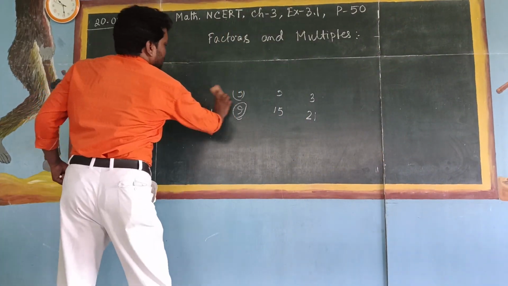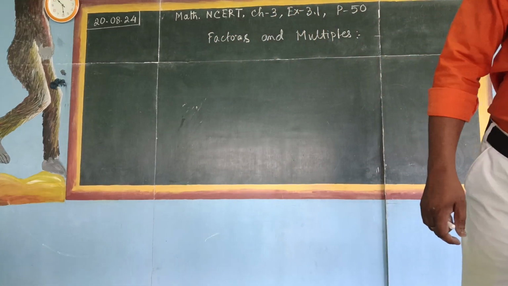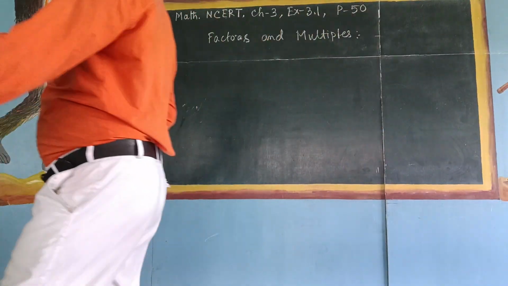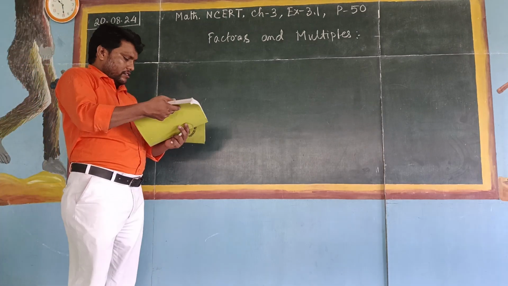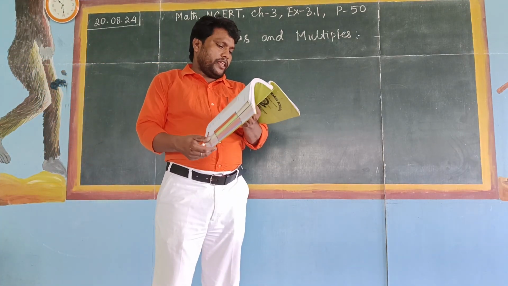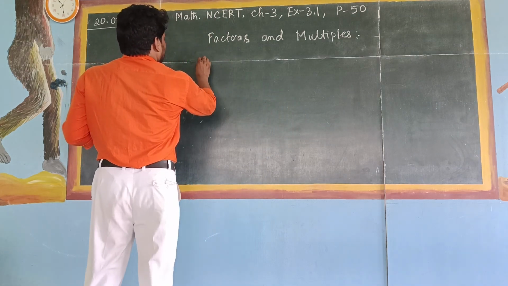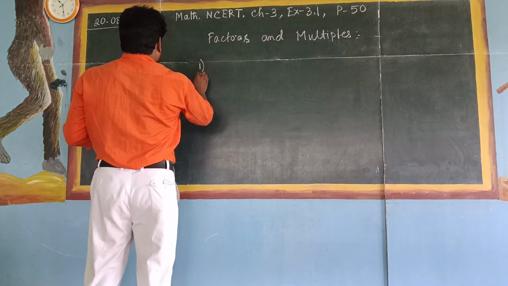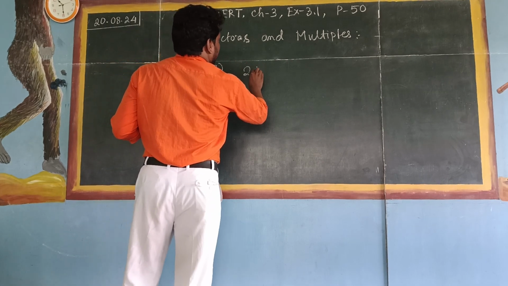Now, today I will solve the problems from chapter number 3, exercise 3.1. There are given some factors and multiples. Write all the factors of the following numbers. Question number 1, A, 24.